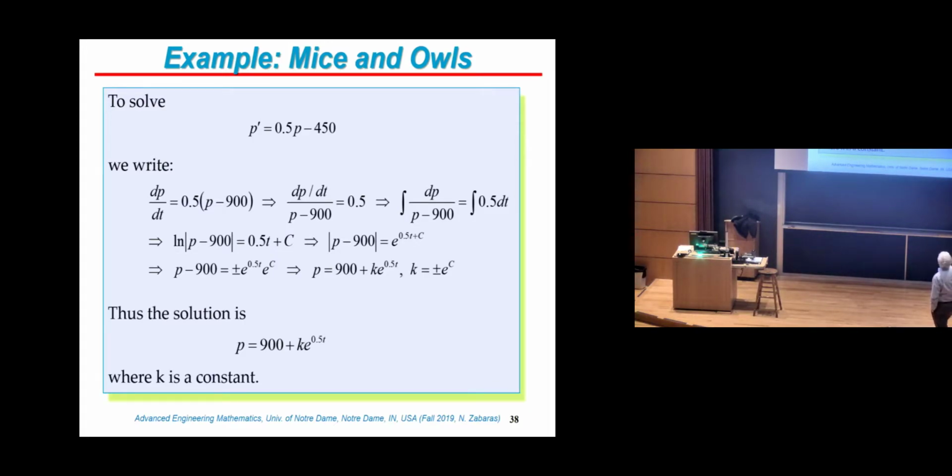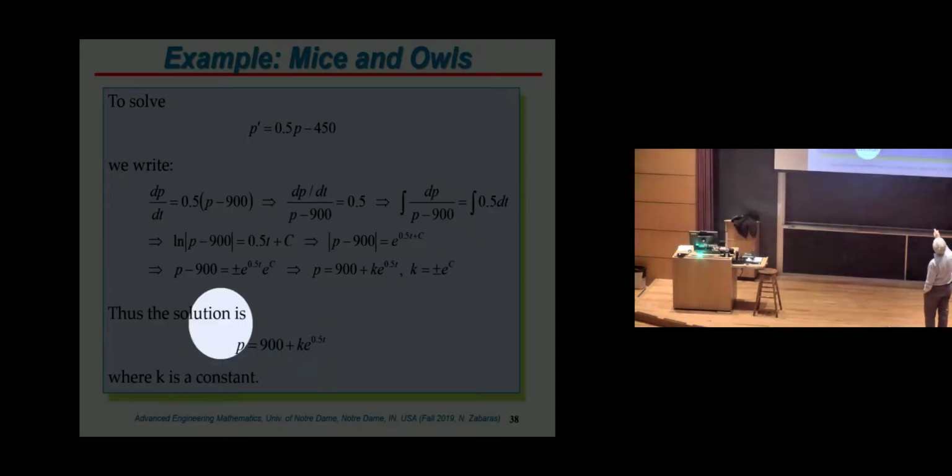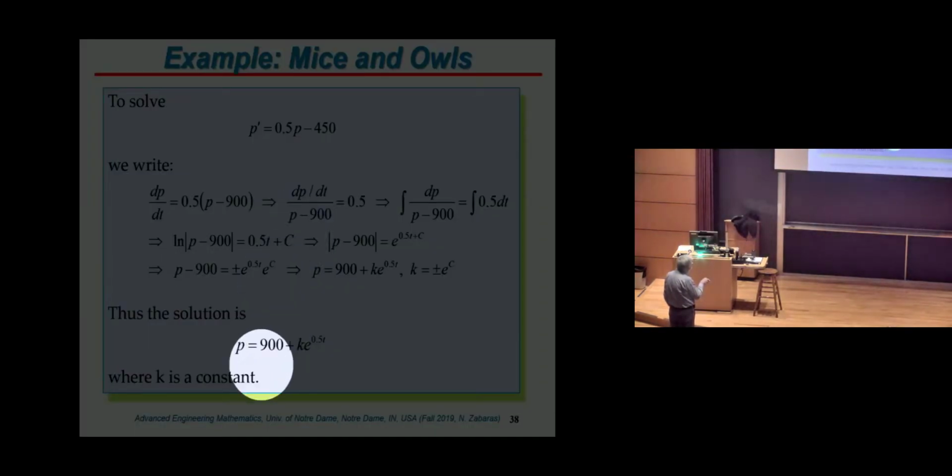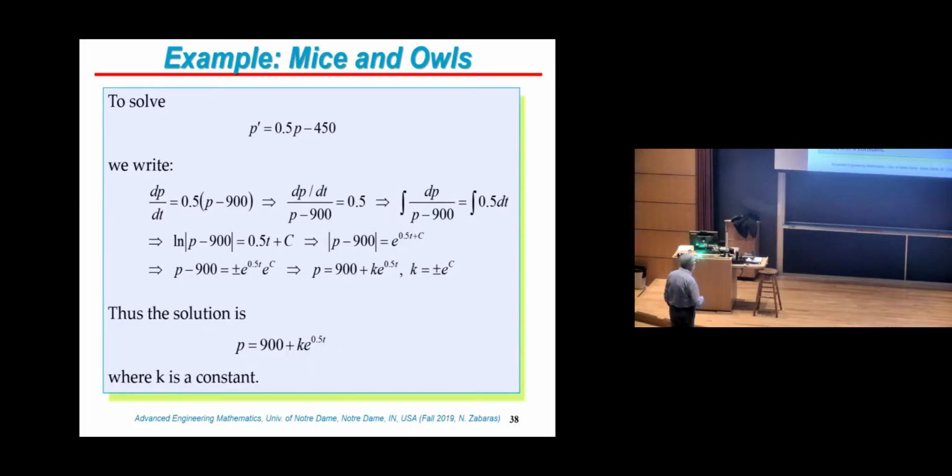You can see here that P prime is equal to 0 when P is equal to 900. Now, can you tell me how the solution will behave, how it will look if we try to plot it? What parameters define the nature of the solution? The exponent has already been defined: e to the minus 0.5t is exponential growth. But what will tell me if it is exponential growth to plus infinity or minus infinity?